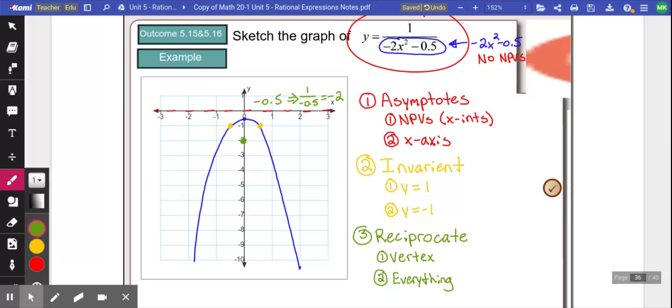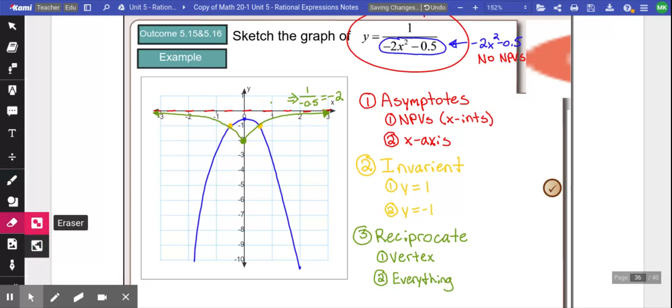So I go towards the invariant point like this, and then I curve along the asymptote and draw a line. And I do the same thing to the left. I curve towards the asymptote, touch the invariant point, and then run along the side. That green graph is my reciprocated graph. And I'm done.